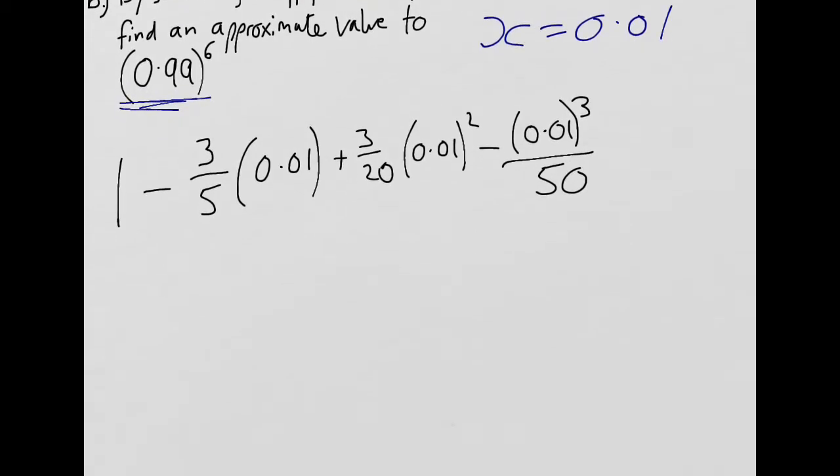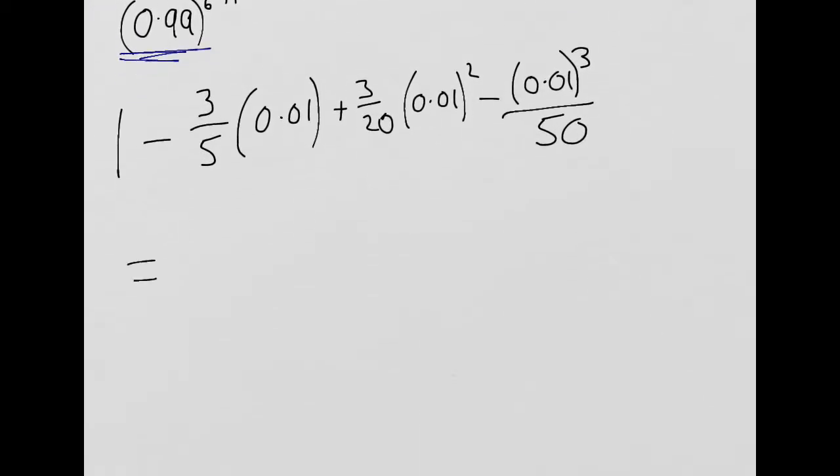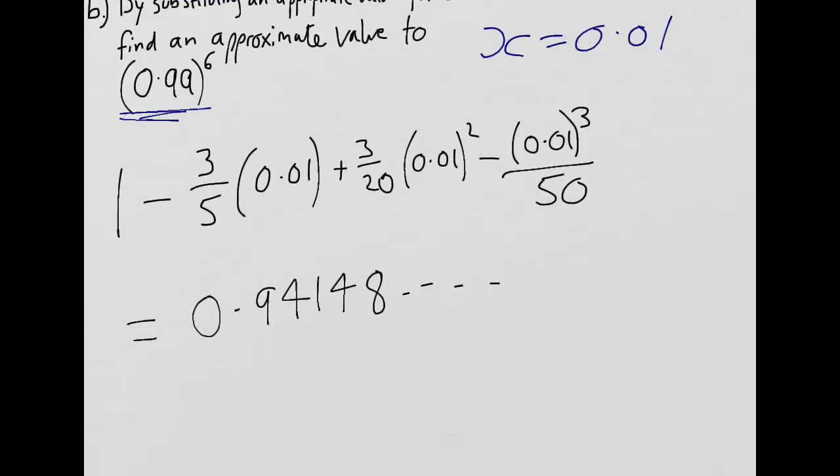You can stick that right into your calculator and you should find that this expansion gives us 0.94148 and then a few more decimals on the end. And that there is an approximation, so it's roughly equal to 0.99 to the power 6.